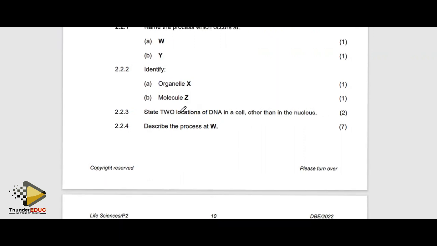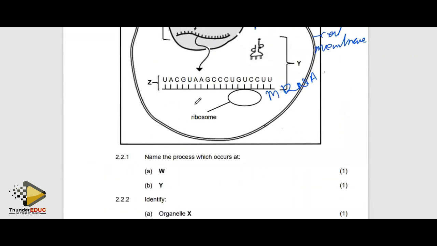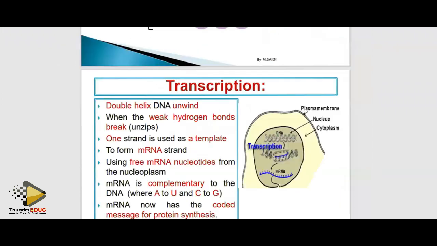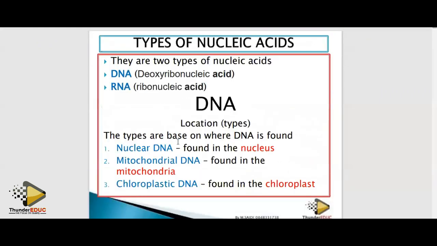We find it in the mitochondria and also in the chloroplast. Let's see it in our book. On the types of DNA, we have nuclear DNA found in the nucleus, they say other than this. So we have mitochondrial DNA found in the mitochondria, and chloroplastic DNA found in the chloroplast, meaning that is the answer.